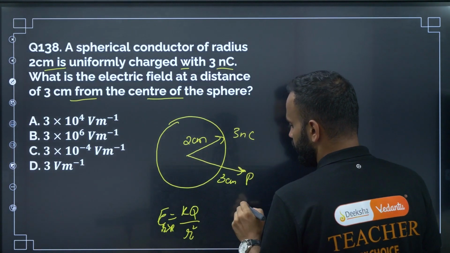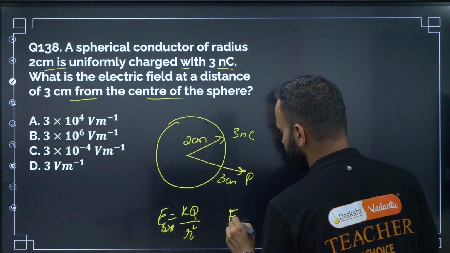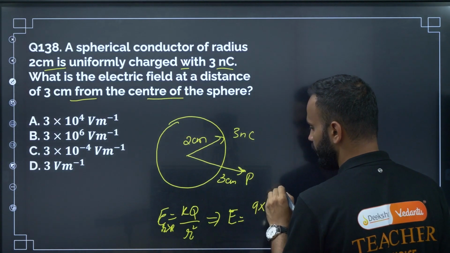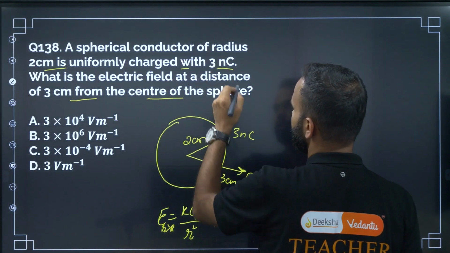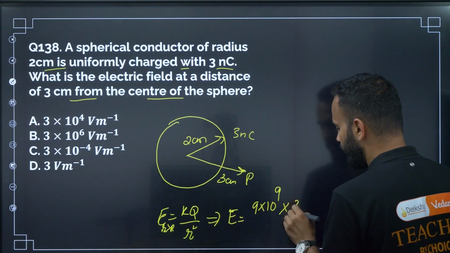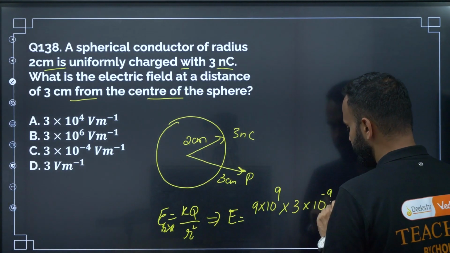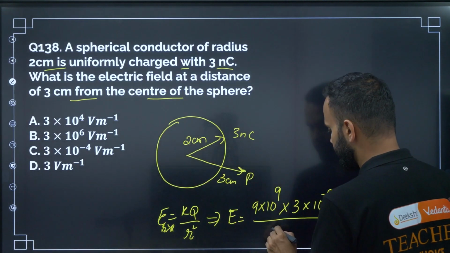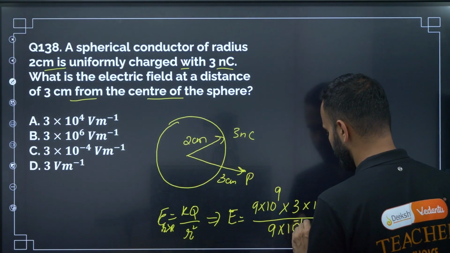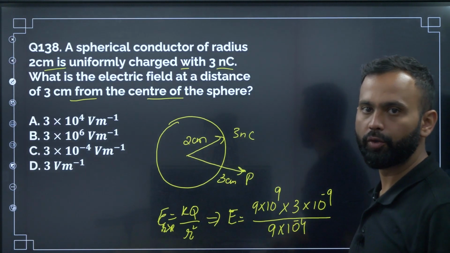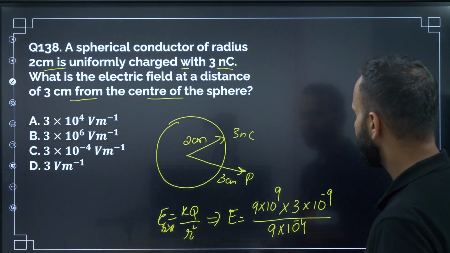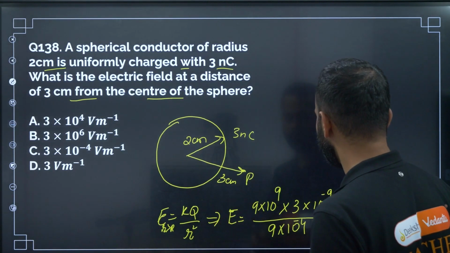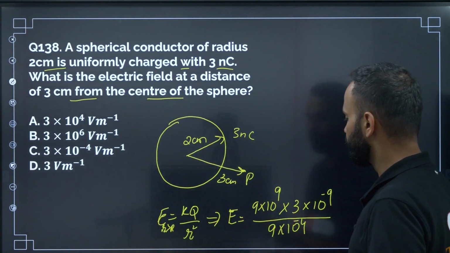So here E is equal to K, which is 9 into 10 to the power 9, into Q, where Q is 3 nanocoulomb, so 3 into 10 to the power minus 9, divided by 3 centimeter squared. 3 centimeter is 3 into 10 to the power minus 2 meter, so 3 centimeter squared is 9 into 10 to the power minus 4 meter squared.